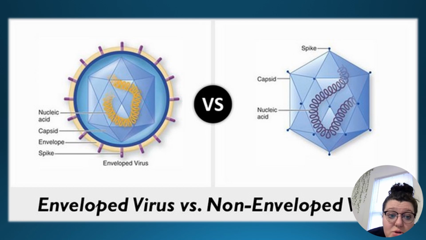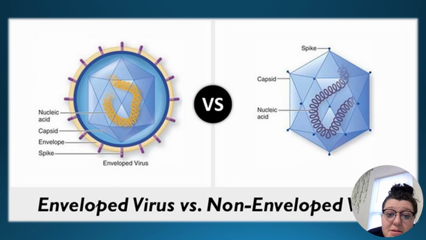So here I provided a picture so you could visually see the difference between an enveloped virus and a naked virus. And you can see with the enveloped virus, it shows you where that nucleic acid is, where the capsid is, the envelope, and the spikes.